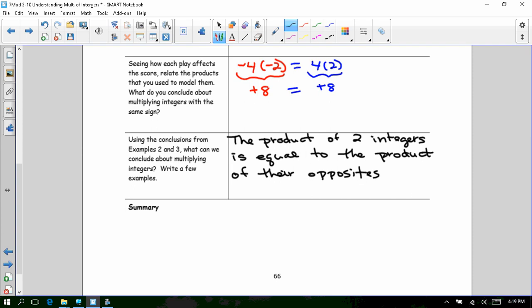In other words, look at that problem right above it. -4 and -2, if I multiply those, it's the same as multiplying, what's the opposite of -4? +4. What's the opposite of -2? +2. Notice I could take their opposites and get the same answer.